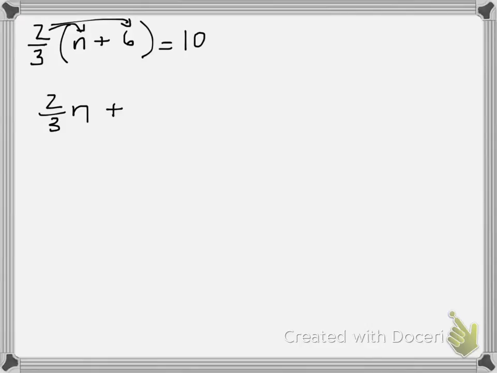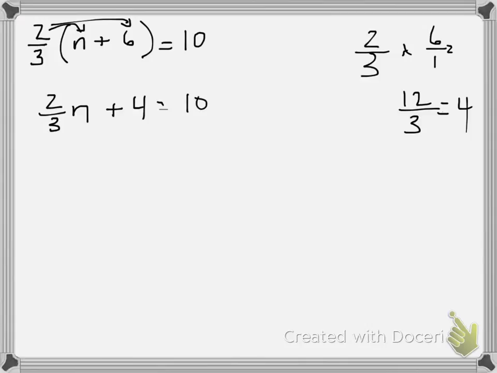Well, 2/3 times 6, if I do that off on the side here for you, 2/3 times 6 over 1 is going to equal 12. Oops, I'm sorry, I made a mistake. 2/3 times 6 is going to equal 12/3. That's an improper fraction. 12/3 would be equal to 4. So I have 2/3 n plus 4 equals 10.